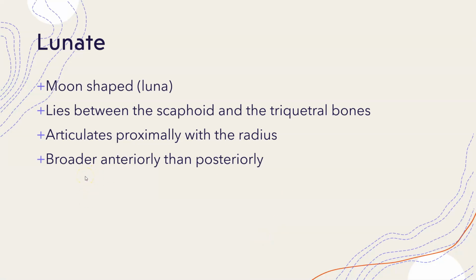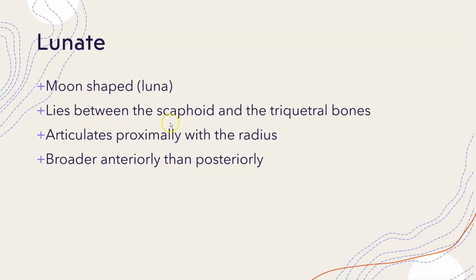Next is the lunate, named because it's moon-shaped, from a crescent moon. It lies between the scaphoid laterally and the triquetral bones medially. It also articulates proximally with the radius. If you remember when I did the lecture on the distal radius and ulna, we said that the distal radius articulates with the wrist carpus, but because of the disc, the ulna does not.